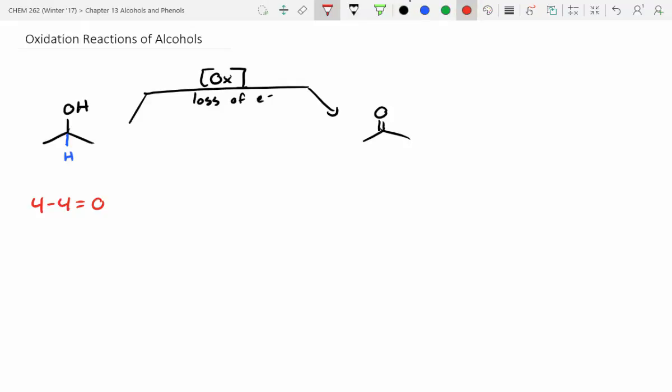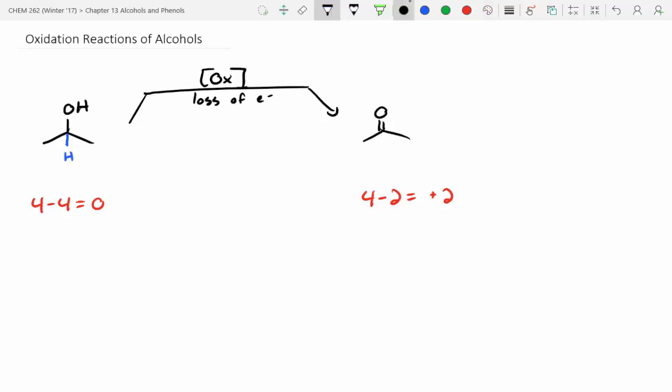Because what's the oxidation state of that central carbon now? So valence of 4 minus 2 would give us an oxidation state of positive 2. So you can tell we went from an oxidation state of 0 to positive 2. That means we lost 2 electrons in this oxidation process. So you can convert secondary alcohols to ketones through an oxidation reaction.